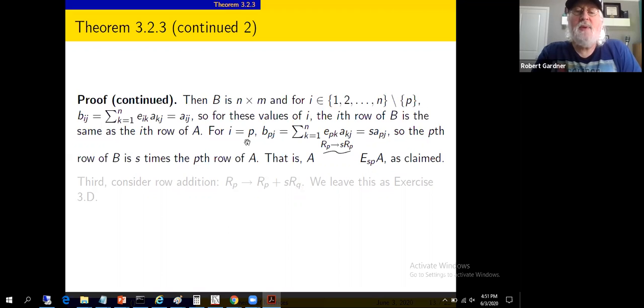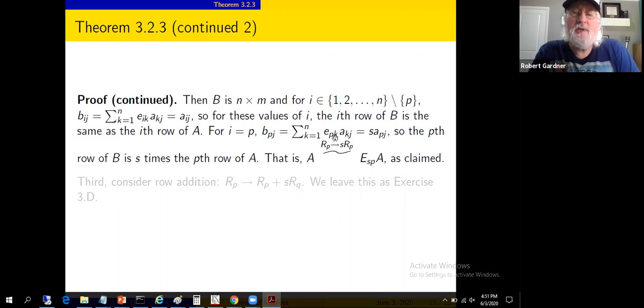What happens on the Pth row when i equals p? Okay, same kind of thing, except we've got a p in this position. Now we're getting out zeros except when k equals p. And when k equals p, this entry, it ain't 1, it's s. So when k equals p, it's the only time we get a non-zero double subscripted e.